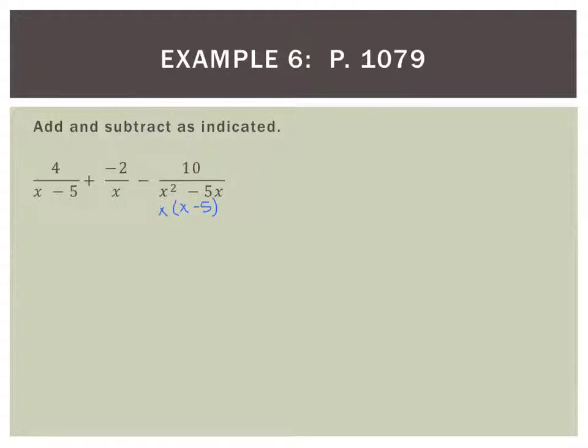So notice that I have an x that would be part of my LCD, and I have an x minus 5 that's going to be part of my LCD. Okay, and that took care of all of the different factors. Alright, so my least common denominator is going to be x times x minus 5. So I'm going to write that for all of my fractions.